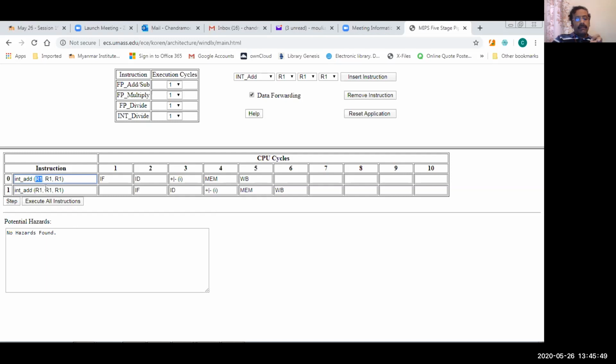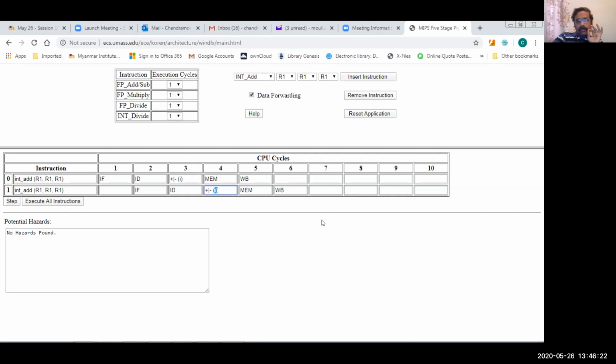So when both operands depend on this, both are taken from the pipeline register. The result is available by the end of the third cycle, and it is taken into the input of the ALU. From this register, the same result is fed into both inputs, and this continues. So we have no stalls with forwarding enabled.